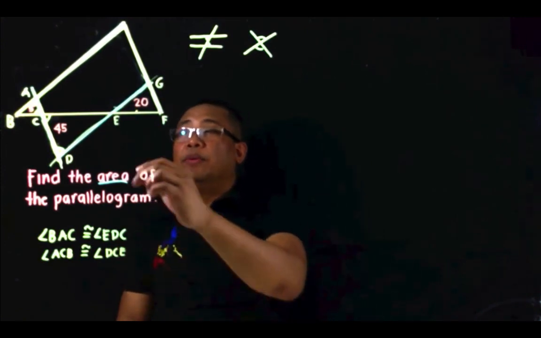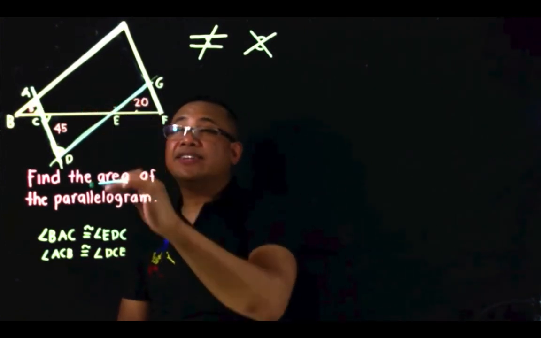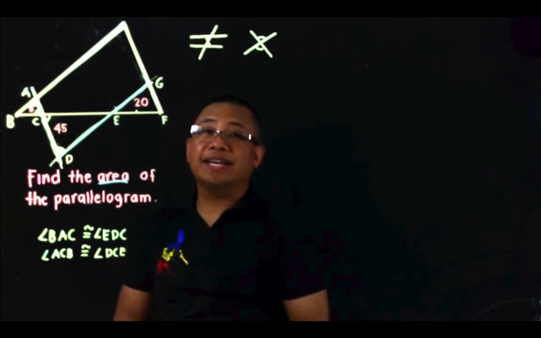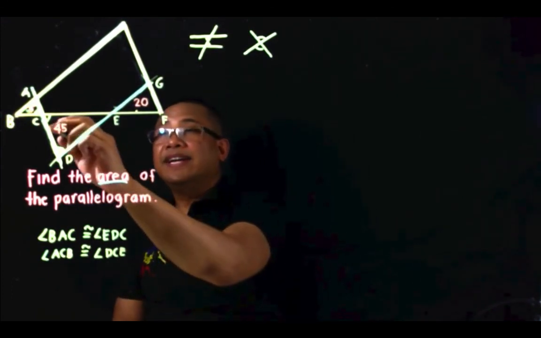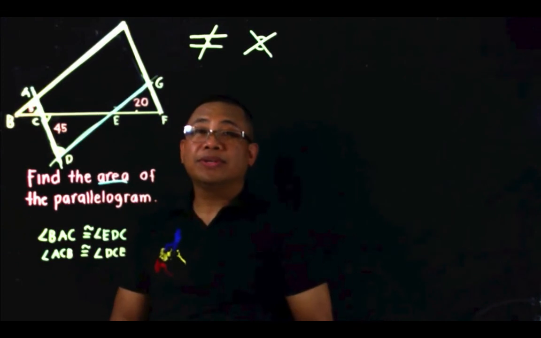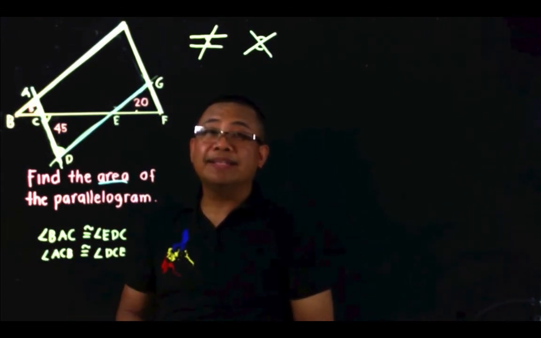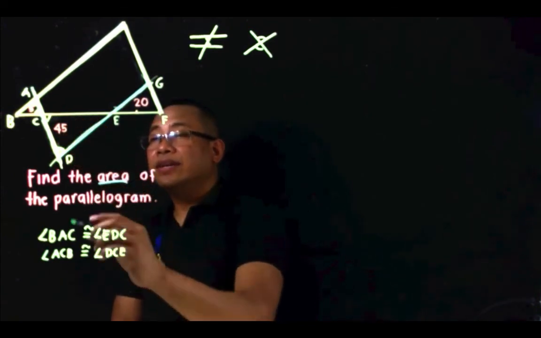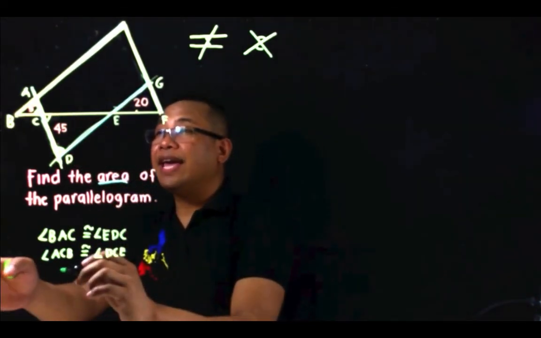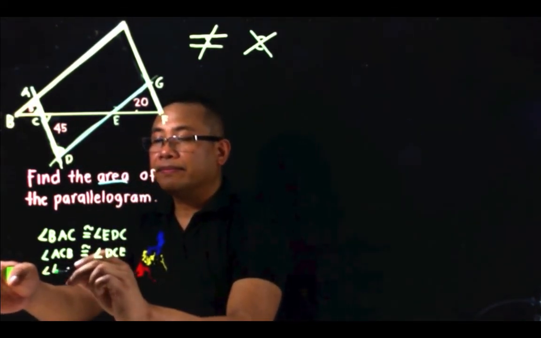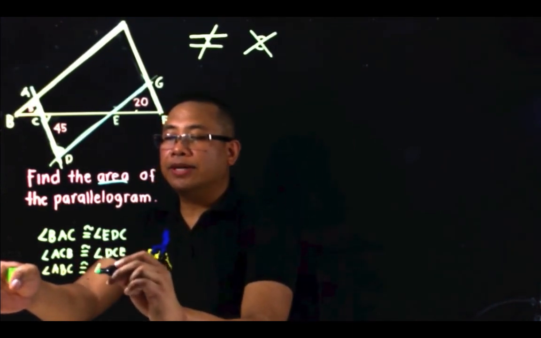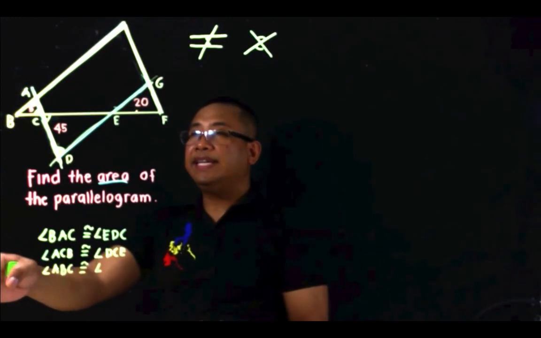Now, when the 2 angles of one triangle are congruent to the 2 angles of the other triangle, then the third angles are also congruent because the sum of the angles of a triangle is 180 degrees. So that means we can also conclude that angle ABC must be congruent to angle DEC.